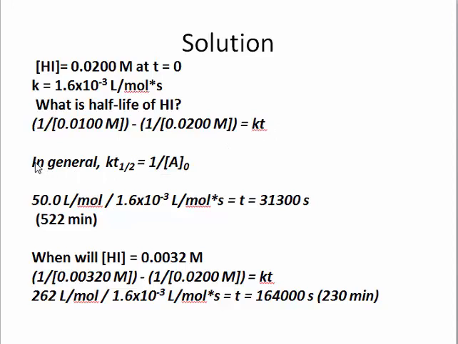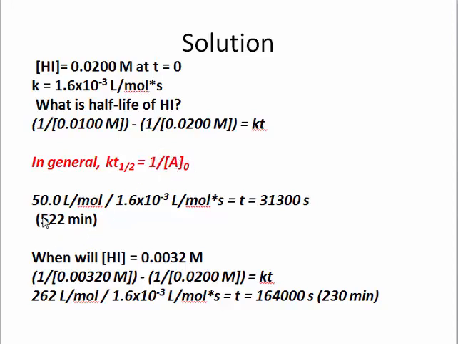Alright, now in general, you will see that K times the half-life, T1 half, is 1 over the initial concentration, 1 over A sub naught.